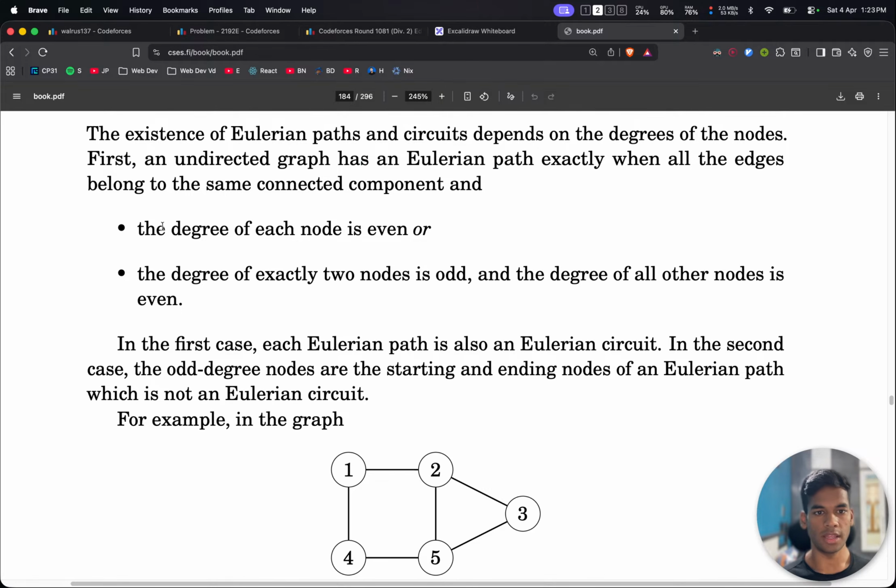The degree of each node is even, or the degree of exactly two nodes is odd and the degree of all the other nodes is even. If the degree of each node is not even, then exactly two nodes have a degree that is odd.